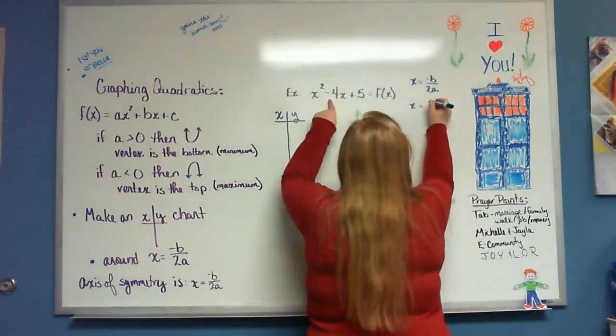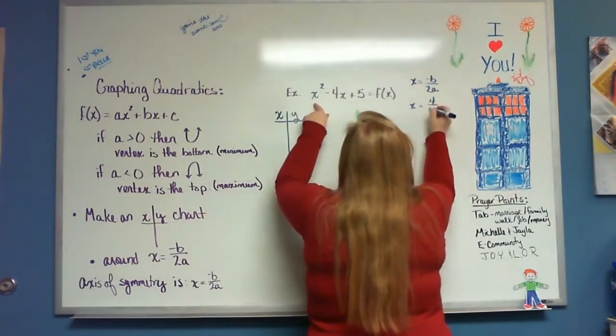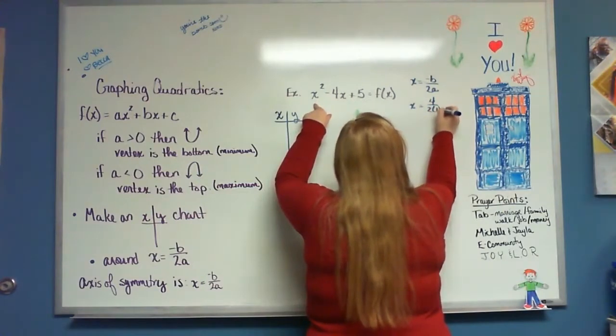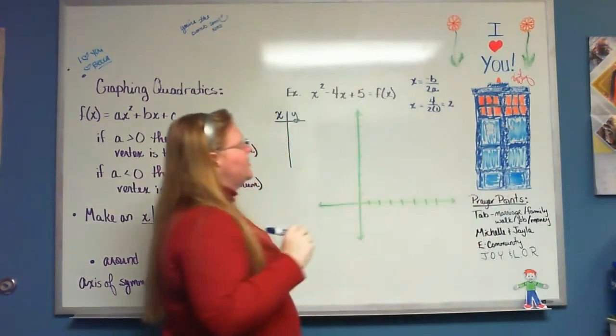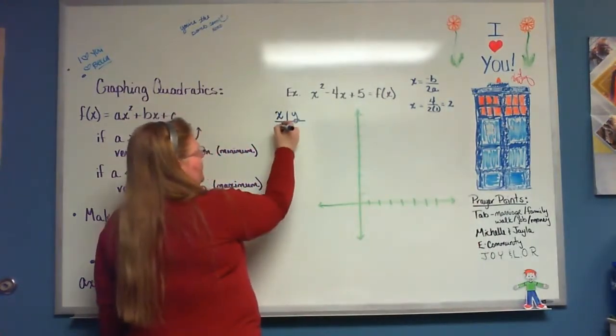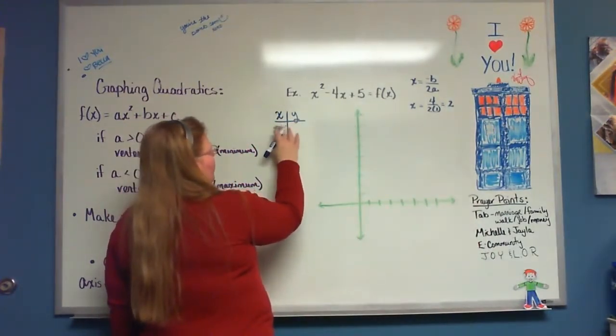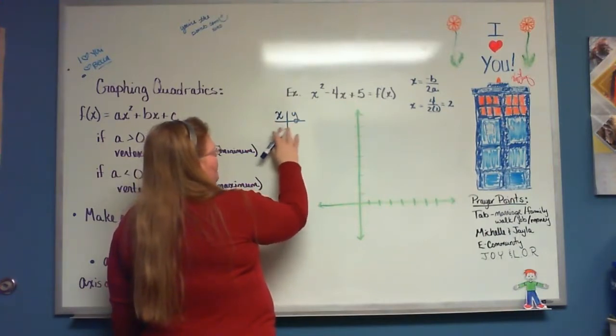Opposite of b is a positive 4 over 2 times 1, which is going to equal 2. So I need to let my x be 2.